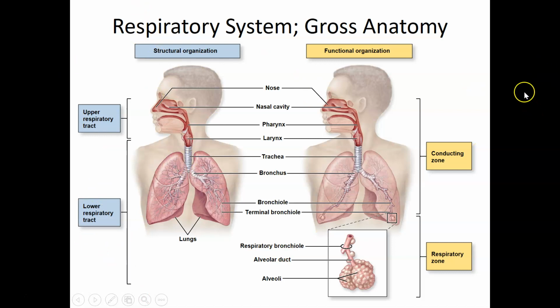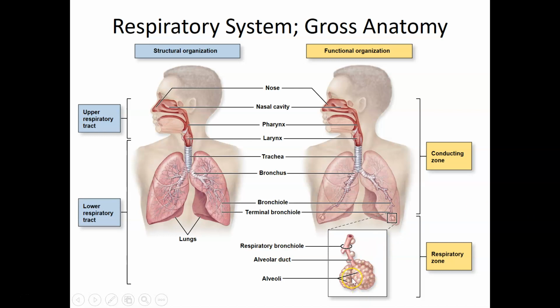Functional organization divides these structures into what function they're providing in the respiratory physiology. The conducting zone, as I mentioned, those are passageways for air, basically, allowing air to move in or out. The respiratory zone is structures mostly about the alveoli involved in gas exchange.